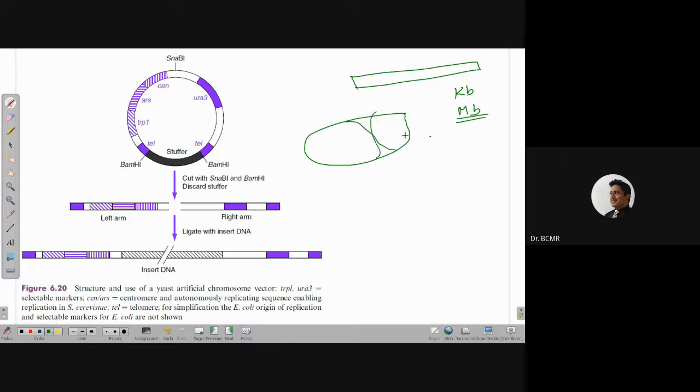Somehow these large fragments will undergo recombinations and many problems, because of which their stability is a problem. Stability in the sense of the structure itself, and also whether it is going to be inherited by the daughter cells or not is another problem.